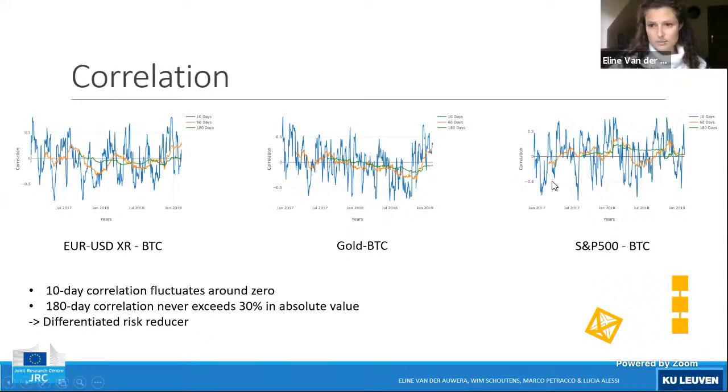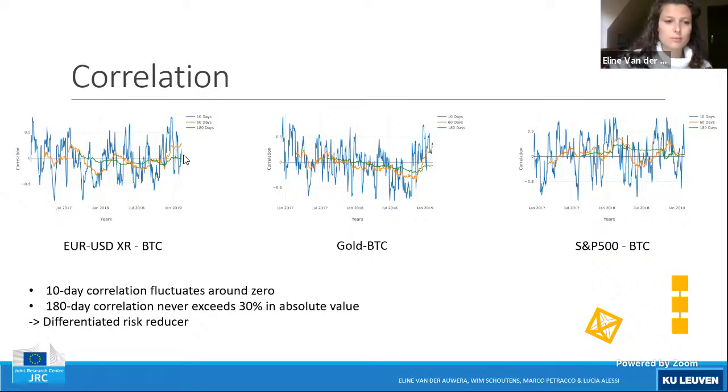And then I have the S&P 500, which represents the equity asset class. So as you can see, the blue one is the 10-day moving correlation. And this fluctuates in all 3 of these asset classes around 0. So this indicates that there is not a clear correlation over time.